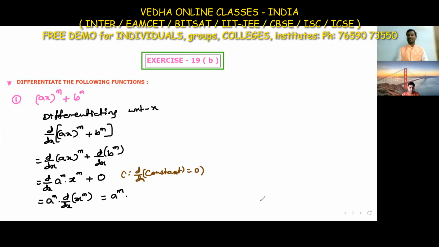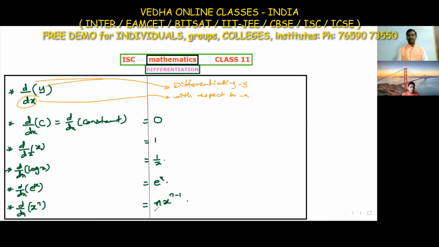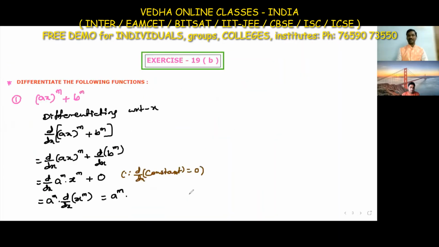What is the d by dx of x^n formula? It is n into x^(n-1). So we have to apply this formula now. If we apply the formula, d by dx of x^m is m into x^(m-1).